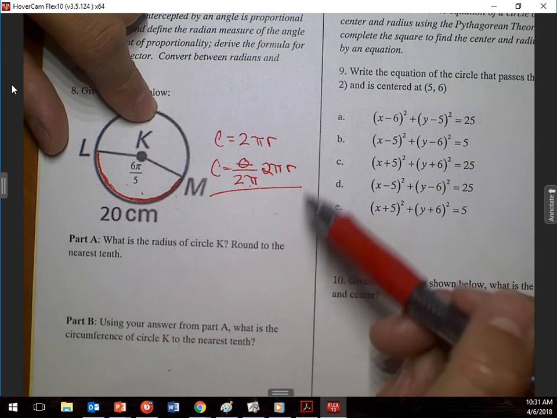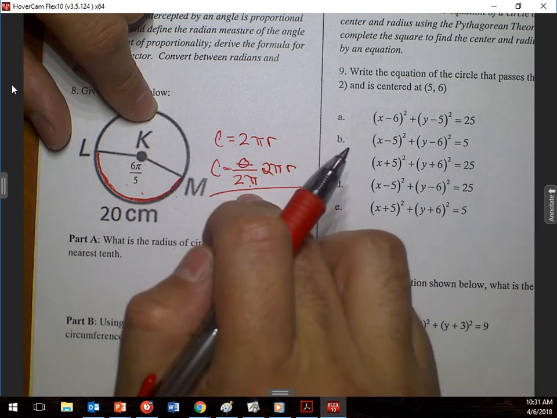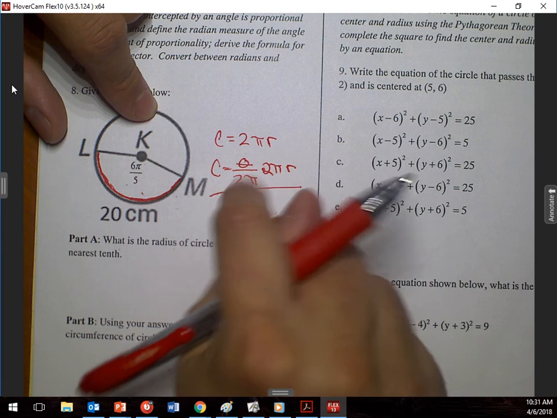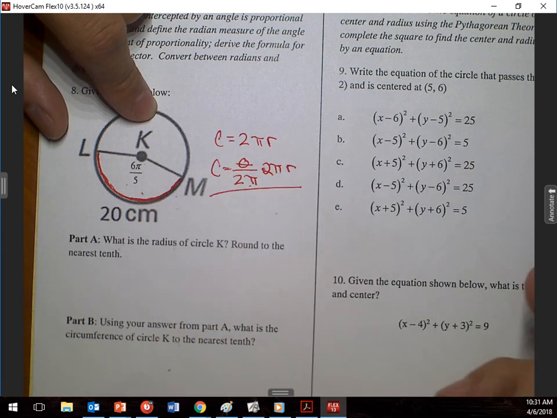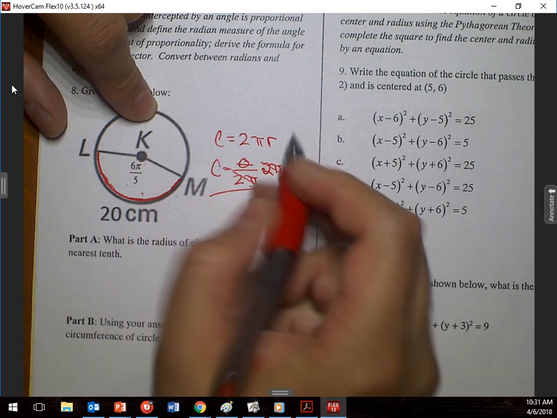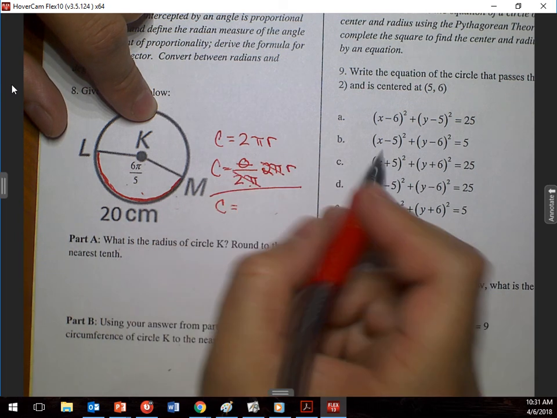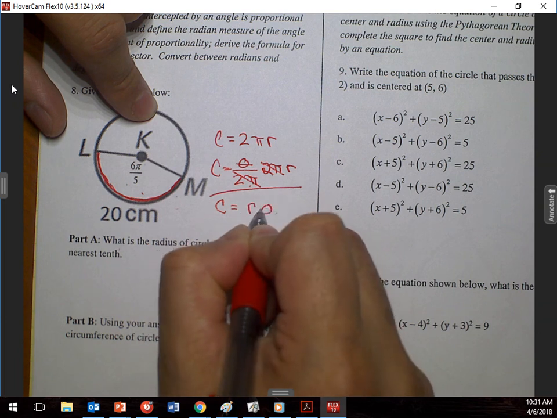So that's the only difference. I'm multiplying and dividing by 2 and by pi, so those cancel. So C is equal to r times theta.